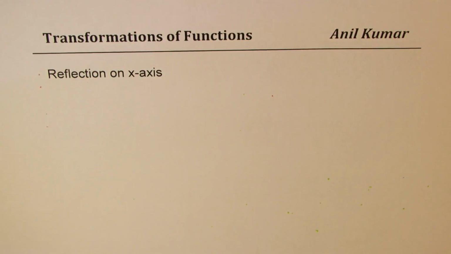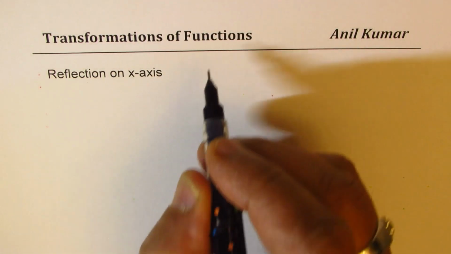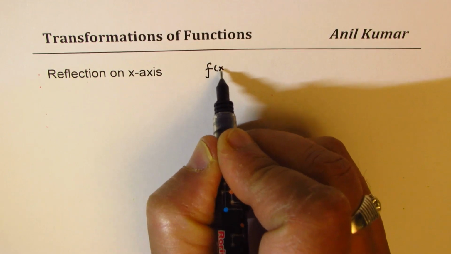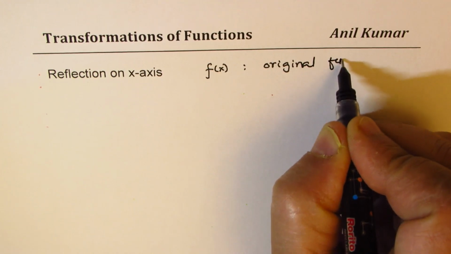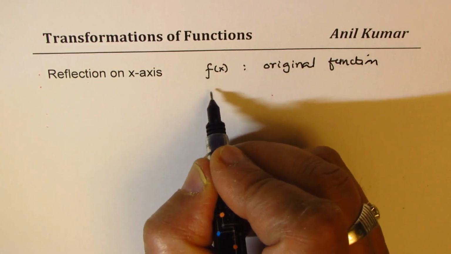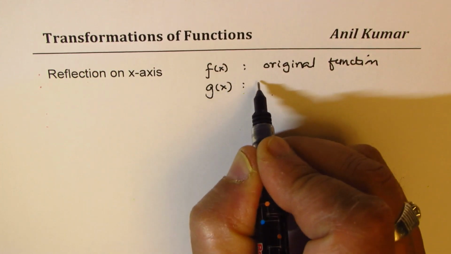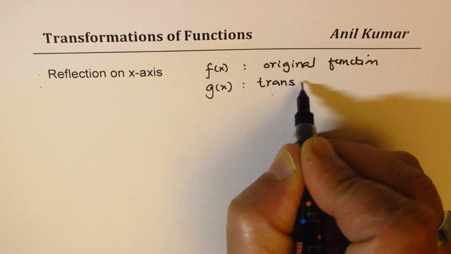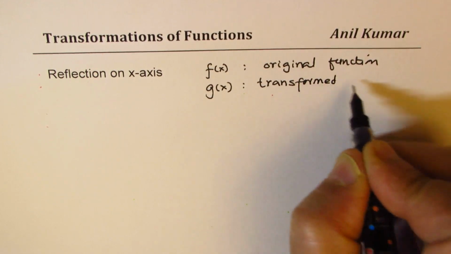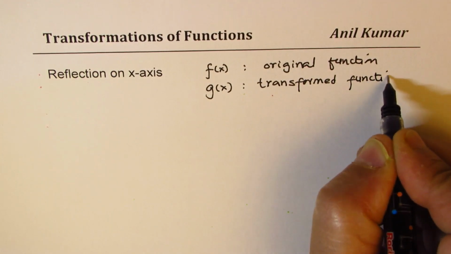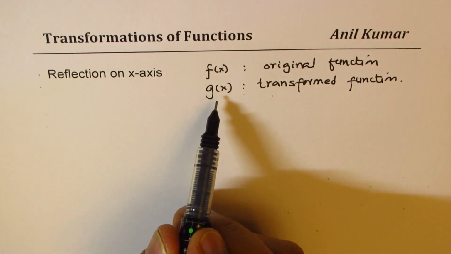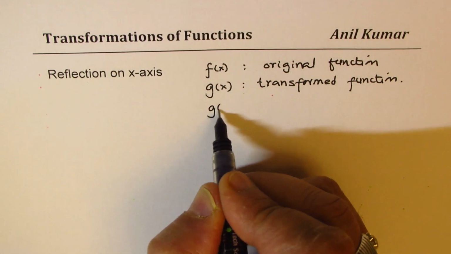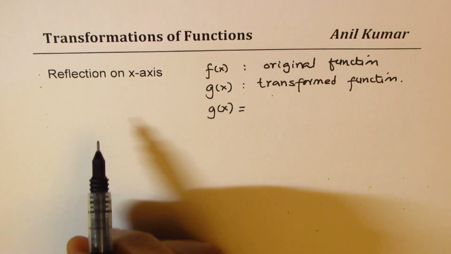First, reflection on x-axis. Now, we'll consider f of x as the original function and g of x as the transformed function. So when I say reflection on x-axis, the transformed function g of x will be equal to minus f of x.